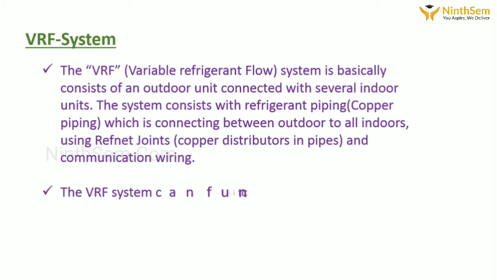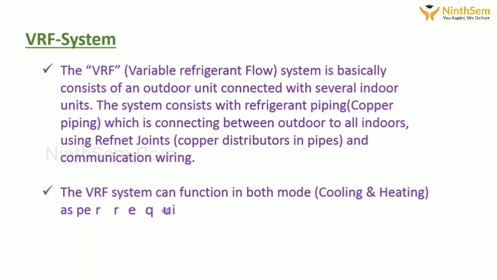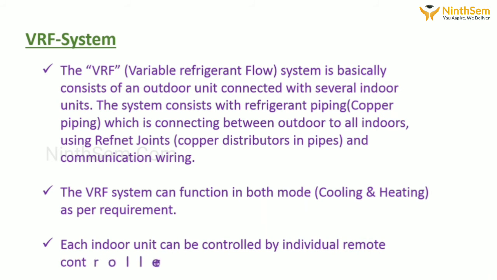The VRF system can function in both modes, that is cooling and heating, as per requirement. Each indoor unit can be controlled by an individual remote controller or a central remote controller.